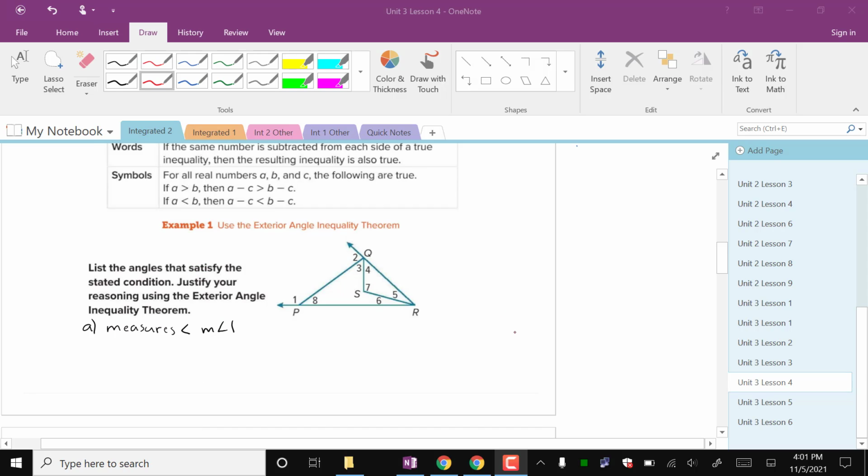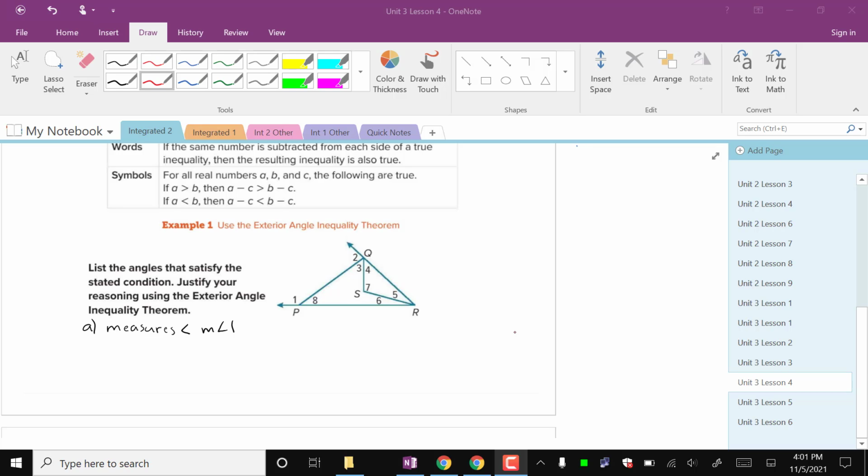So let's take a look at example 1. It says use the exterior angle inequality theorem. List the angles that satisfy the stated condition. Justify your reasoning using the exterior angle theorem. So we have angle 1 right here, which is our exterior angle. Our remote interior angles are going to be angle PQR, this angle up here, and PRQ, this angle right here.